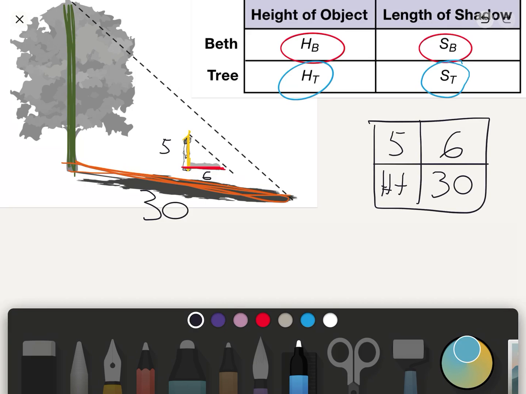So, looking at these ratios, well, we can already see that we can kind of cheat and turn this to 1/5.